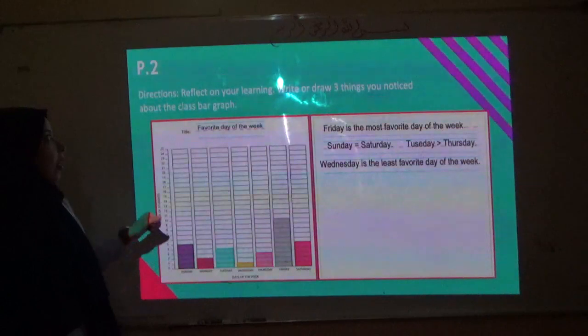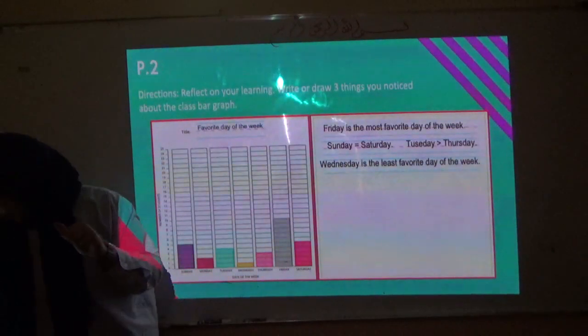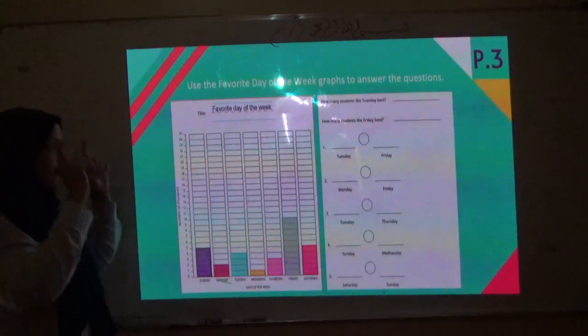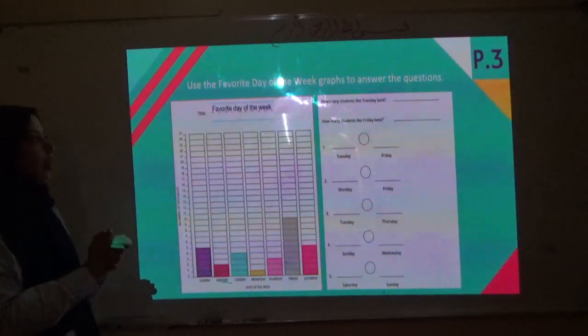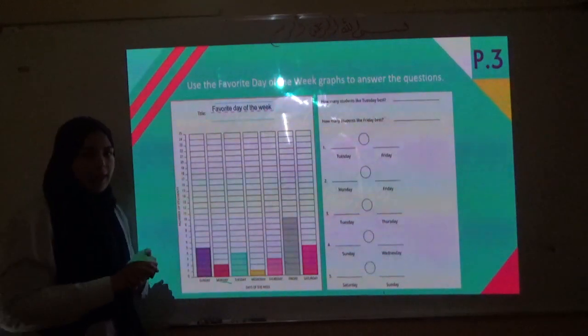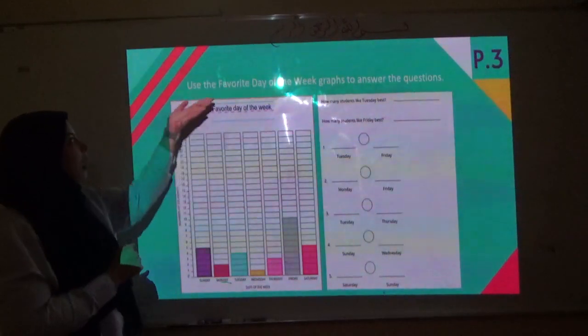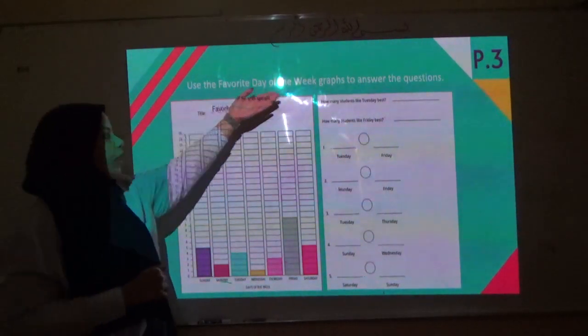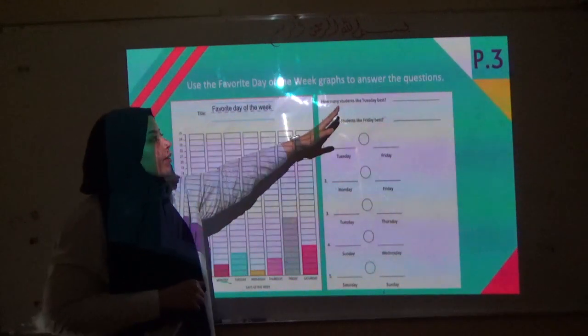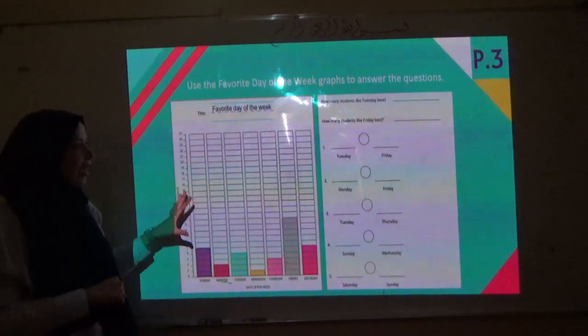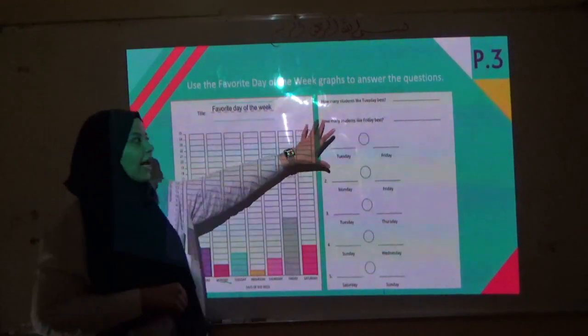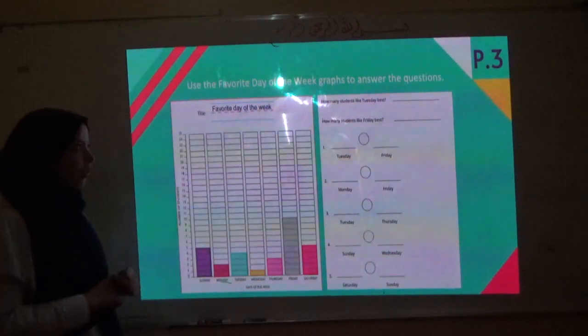Now, I would like to go to page number 3. Now read the question with me and understand the question before solving. Use the favorite day of the week graph to answer the question. Here I have the graph, and here I have the question.